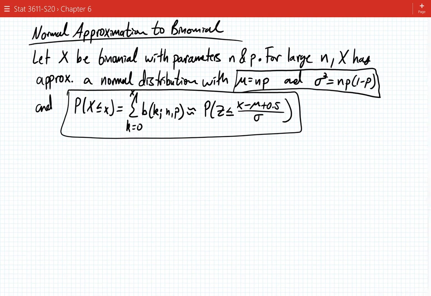So for large n, it says x has approximately a normal distribution. How large does n need to be in order for this approximation to be a good idea?